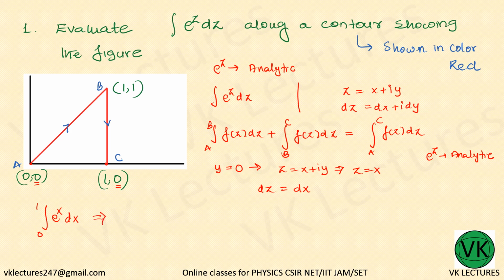This gives us integral of e to the power x is e to the power x, and the limits are from 0 to 1. Put the upper limit, e to the power 1 minus e to the power 0, that's equal to e minus 1.